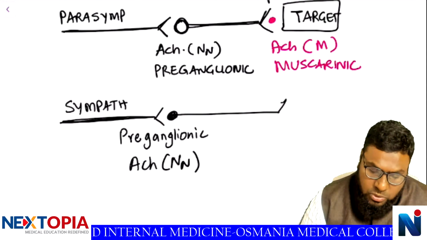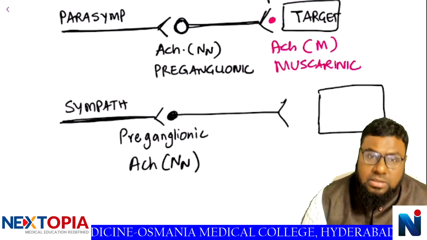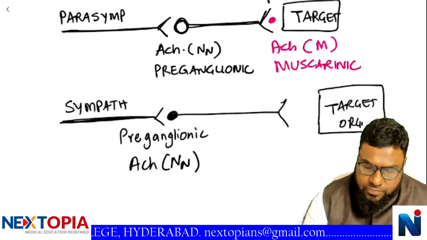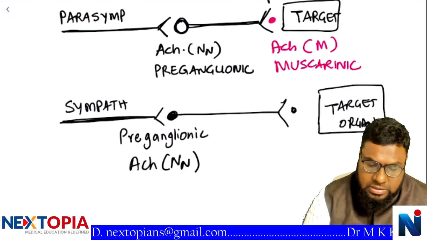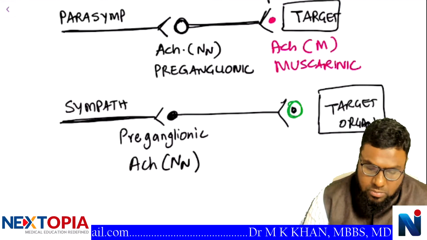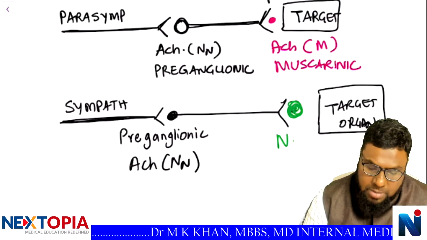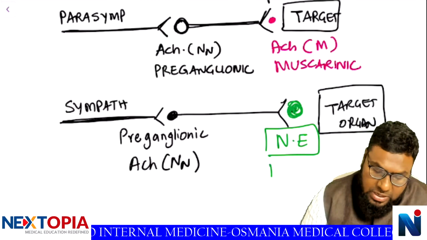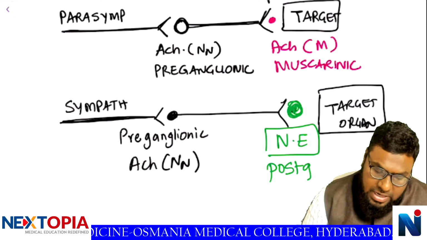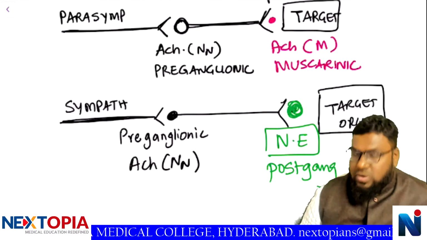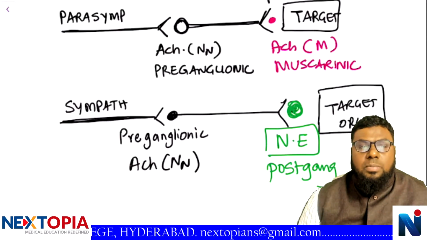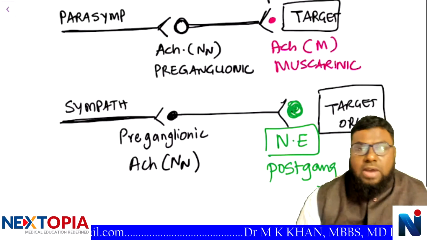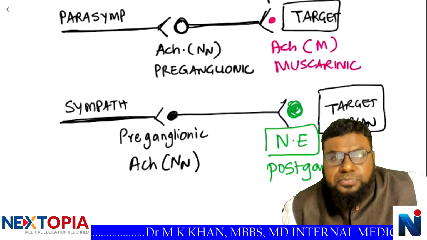Whereas the postganglionic action on the target organ is via norepinephrine. So postganglionic norepinephrine, preganglionic acetylcholine. You will have to understand this point, right?